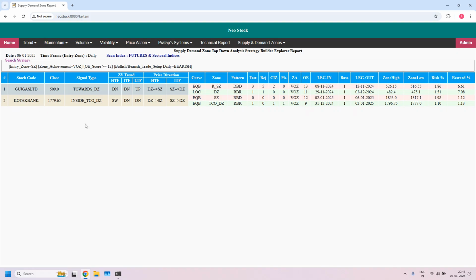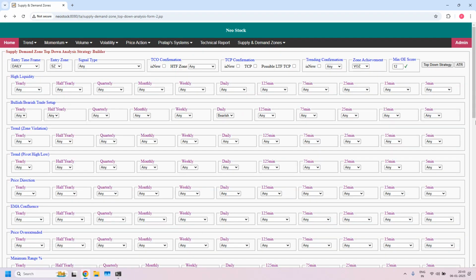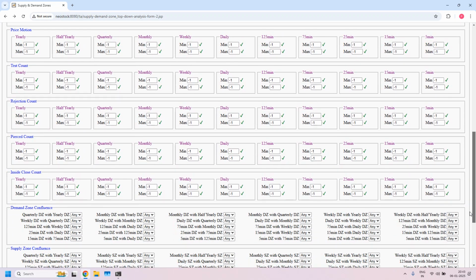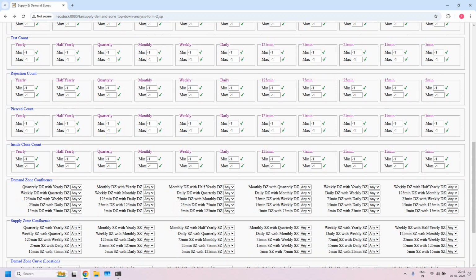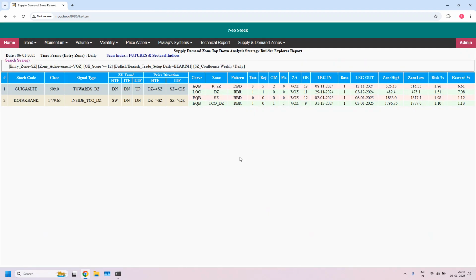Any of these stocks having LTF, ITF supply zone confluence. In the supply zone confluence, daily supply zone with weekly supply zone confluence filter is enabled. Oh, both the stocks are filtered. That means the daily zone is part of the weekly zone.